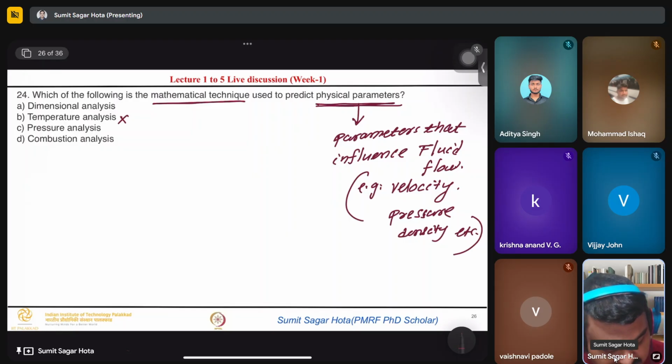It's not only a pressure analysis either. Obviously there is no role of combustion here. It's also not a combustion analysis, because this technique can be applied in the turbine and compressor too, not only in the combustion chamber. So only one thing is left, that is dimensional analysis. So the answer is dimensional analysis.